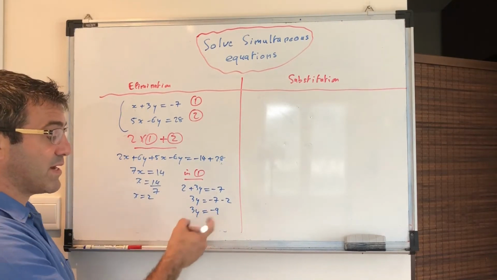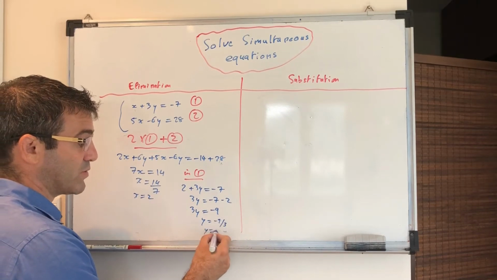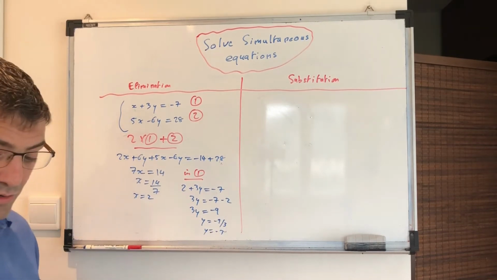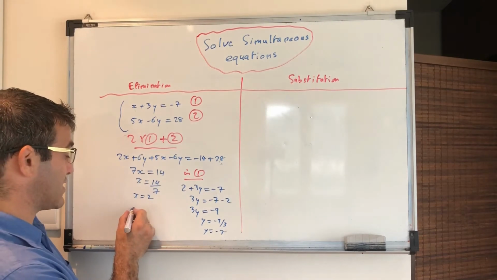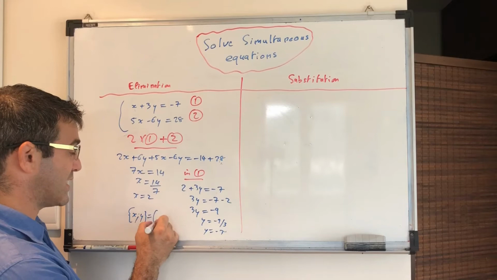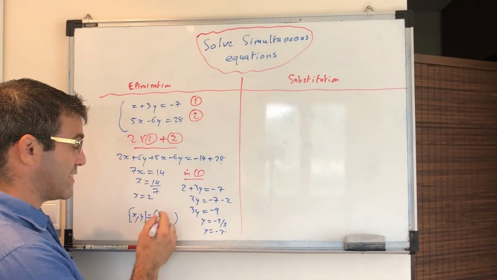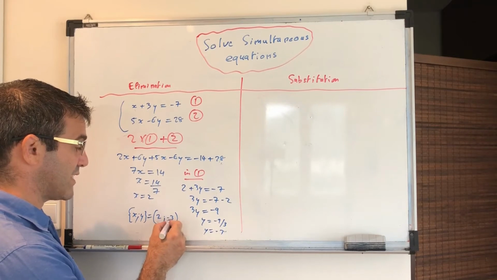And then times becomes divide. y equals minus 9 over 3. y equals negative 3. So I know that my set of solutions, and I can write this with nice squiggly brackets, x, y, my solution set is equal to the pair of numbers 2, so I'm going to write that down, x equals 2 and y equals negative 3.